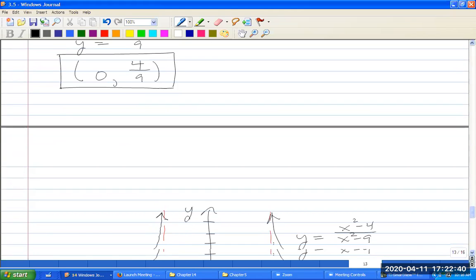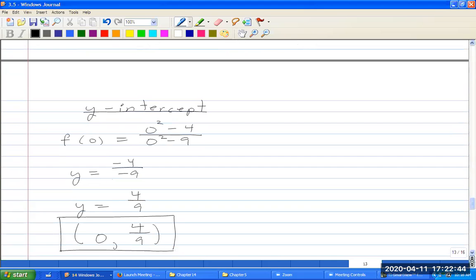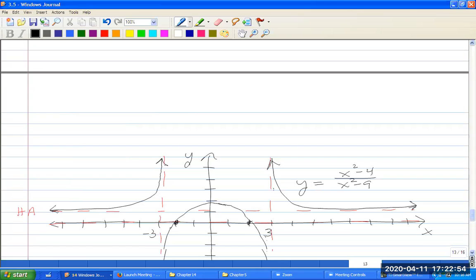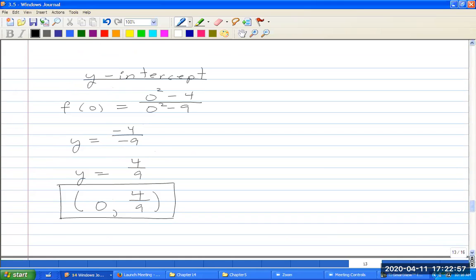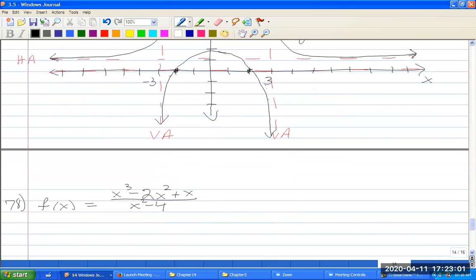We could do some more asymptotic behavior, but this is probably enough for this graph, at least to sketch it. So we have here 4 over 9? Okay, well, we're a little bit above it, but it doesn't matter.